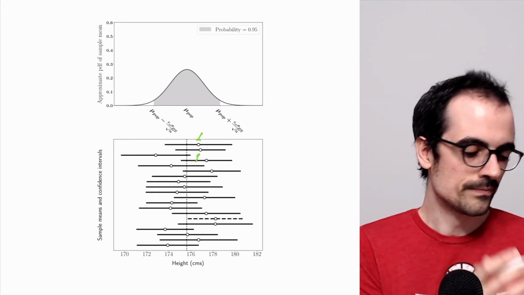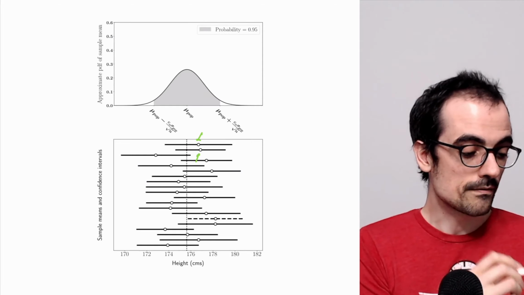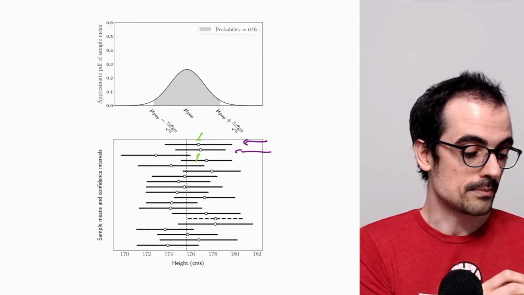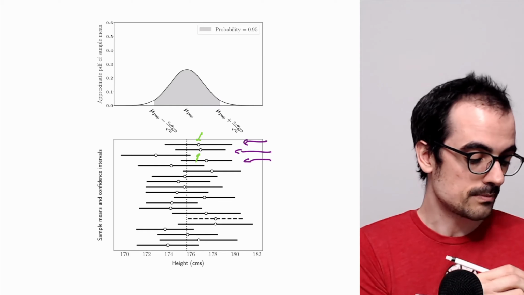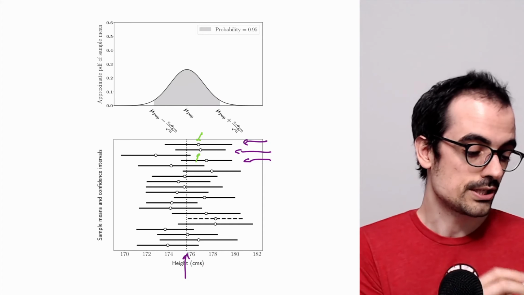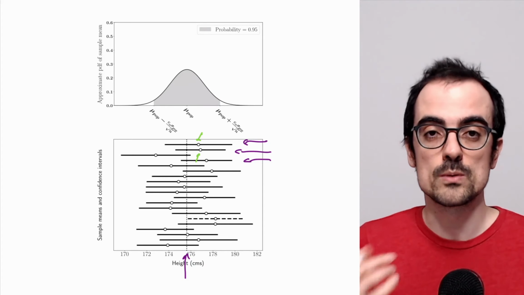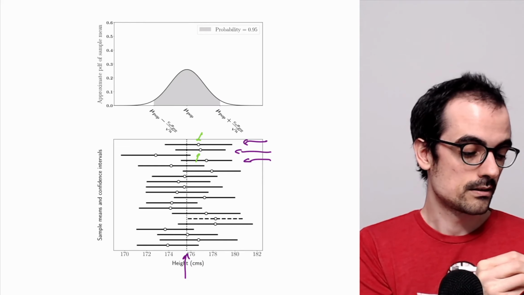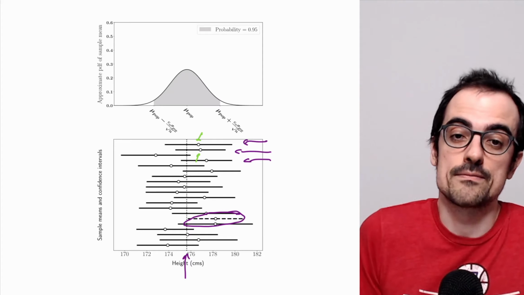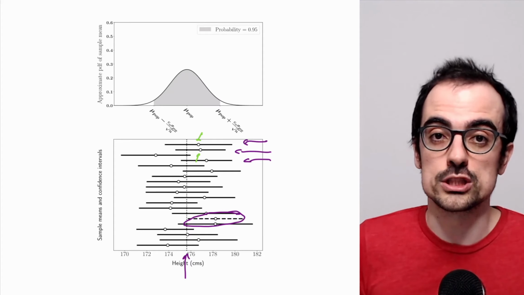So here I'm showing you the confidence intervals associated to different sample means observed from n measurements, and this is the population parameter. So you see that the population parameter is within the intervals except for this guy.